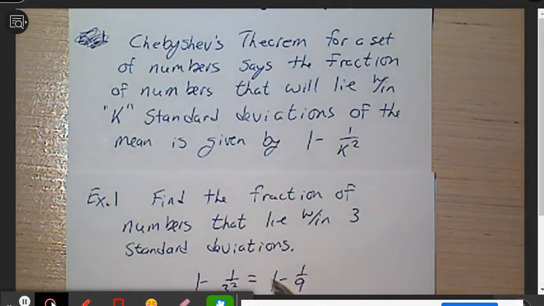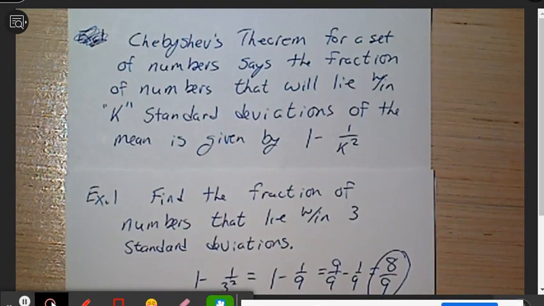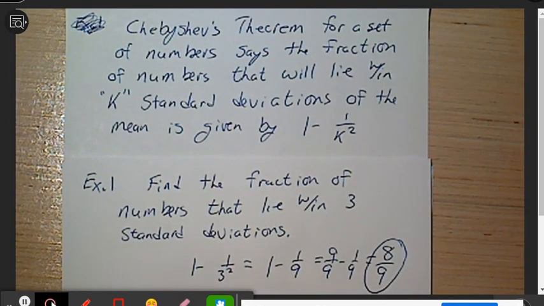If you convert that into a fraction, make that 9/9, so that you can subtract, then you'll have 8/9. Okay, so if they tell you how many standard deviations, pretty straightforward. Just take that number, plug it into the formula, and then you get to work it out from there.